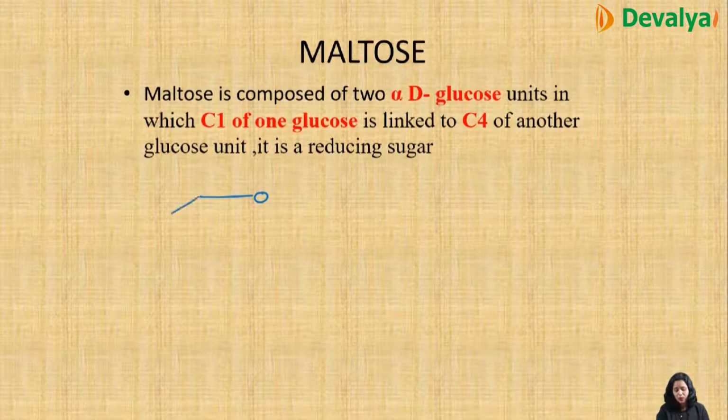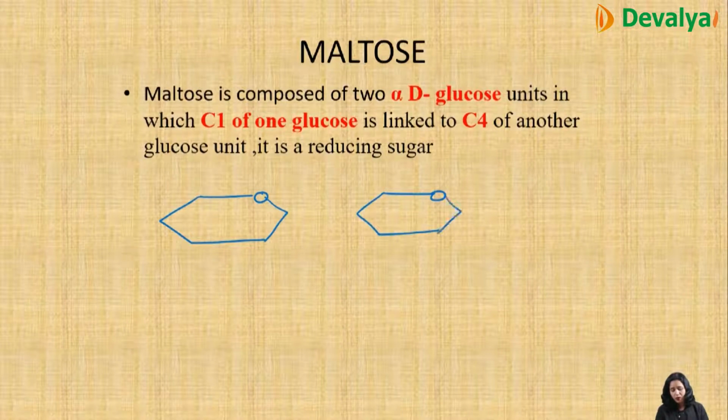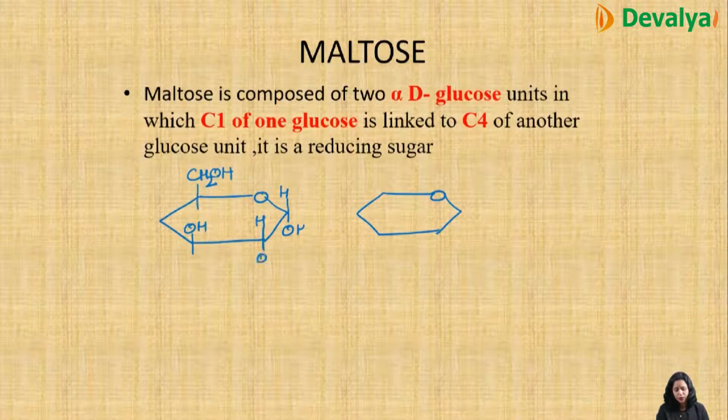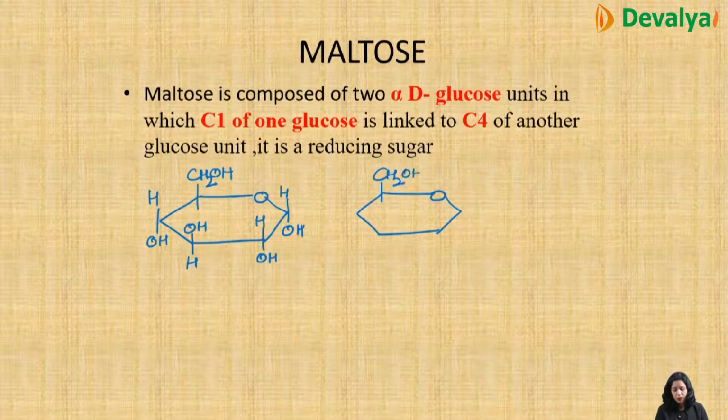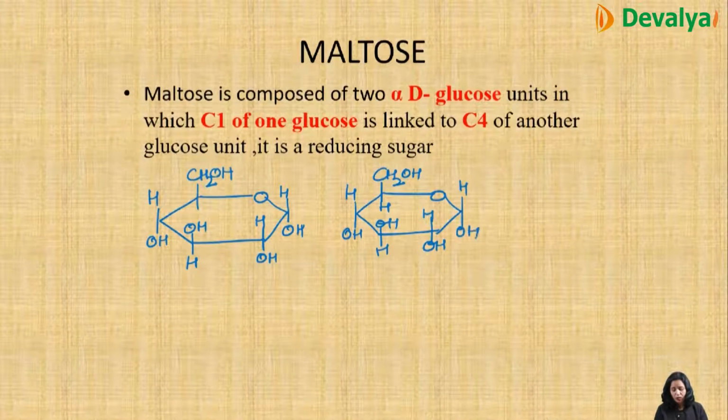Now in this case we'll draw the two alpha D glucose units. Again we'll follow the same procedure, C6 CH2OH on the upper side, OH on the upper side, and because it is alpha, OH, H, H, OH, H, OH, OH, H. And the water removal will occur, H2 and O, and through oxygen they will link with each other.